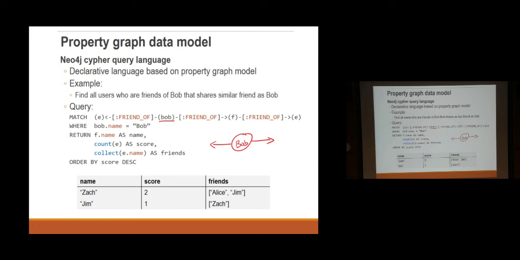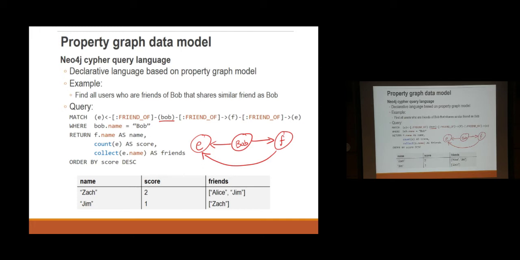You don't care who they are called. They are called F here, and they are called E over here. Okay, you want to figure out, give me two friends of Bob, such that F here is also a friend of E. Okay, so this is what the Cypher query language is doing. You want to find, embedded within your graph data model, this particular subgraph with this property.